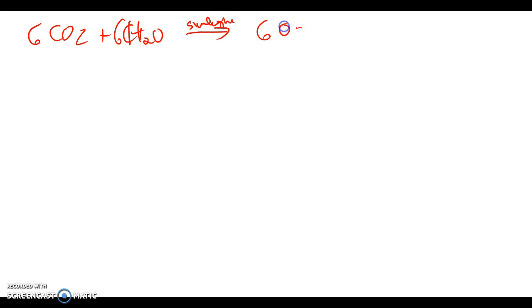Well, if you look at the equation that you wrote for photosynthesis, it said 6 CO2 plus 6 H2O plus the sunlight, right, makes 6O2 plus C6H12O6 glucose. So if you just look at this equation, you'll see that oxygen is not required for photosynthesis.